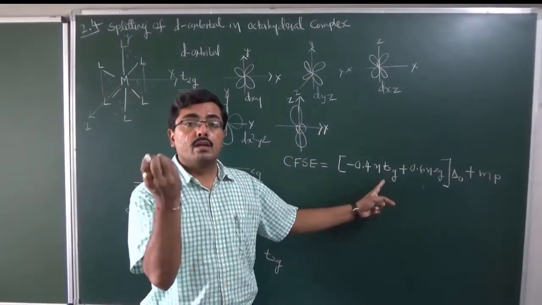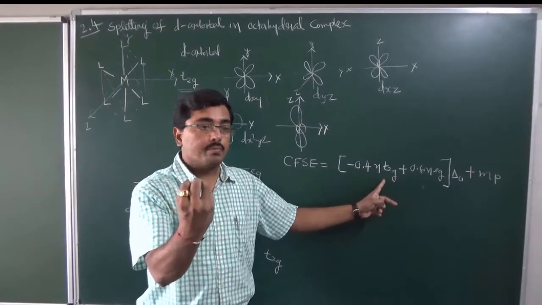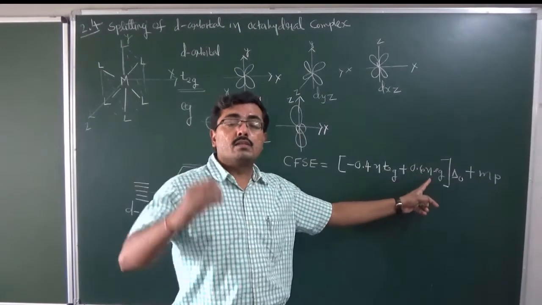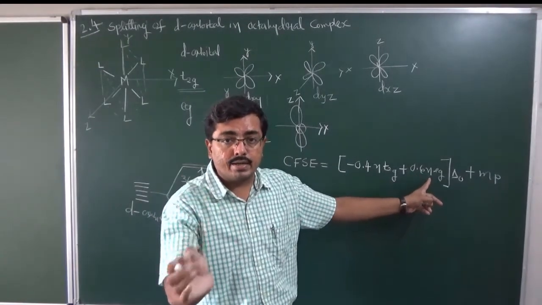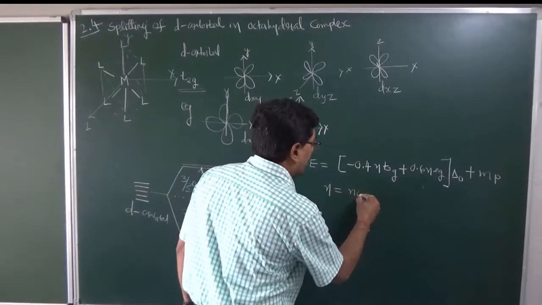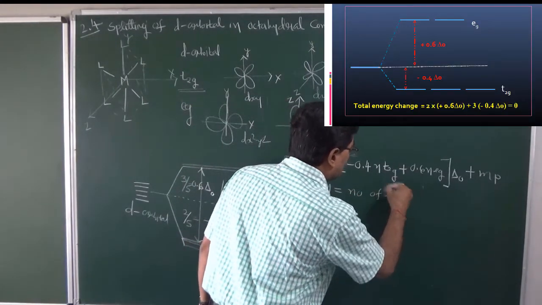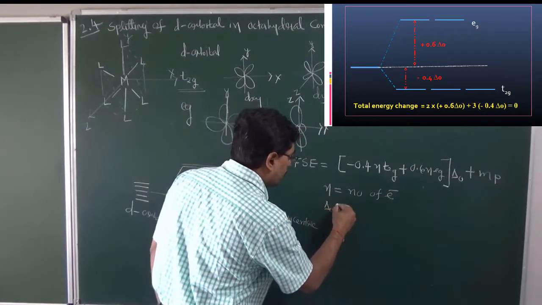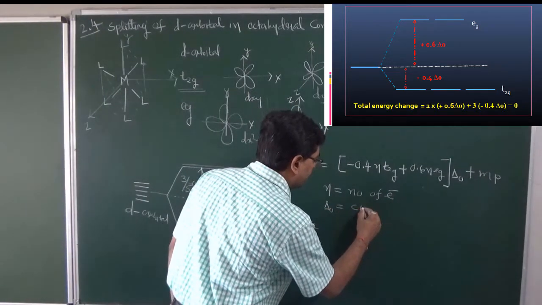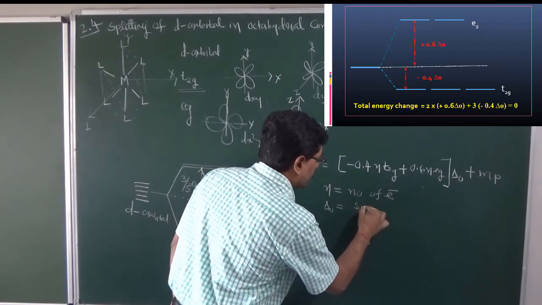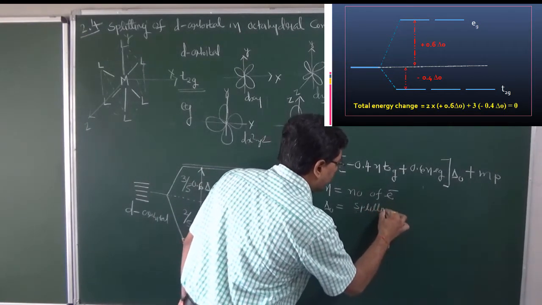Now the question will be, what is n T2g? n T2g means the number of electrons present in the T2g orbital, and n Eg means the number of electrons present in the Eg orbital. So what is n? Number of electrons. What is delta O? Delta O is nothing but the crystal field splitting energy.